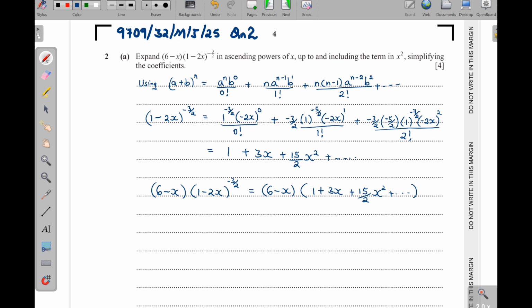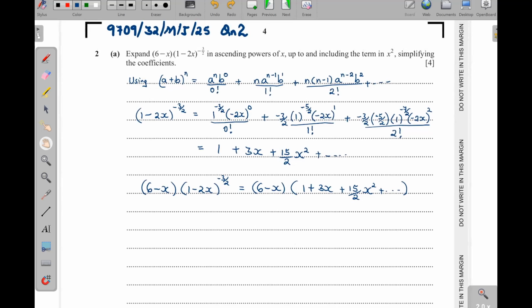Now here, we are supposed to pick the terms that when we multiply, the highest we are going to have is going to be the term in x squared, okay? So what are we therefore going to have? 6 will multiply all through, okay? So we shall have 6, then plus 18, and then plus 2 reduces this one to a 3, and then that 3 times 15 gives us a 45. So plus 45x squared.